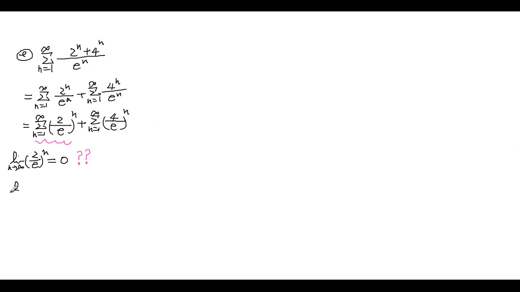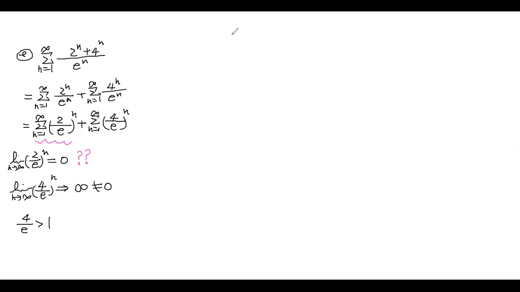Now the next term here, as n approaches infinity, is 4 times e^n. I know e is 2.7182, so this one is greater than 1. So I know this number is going to approach infinity, so it's not equal to 0.